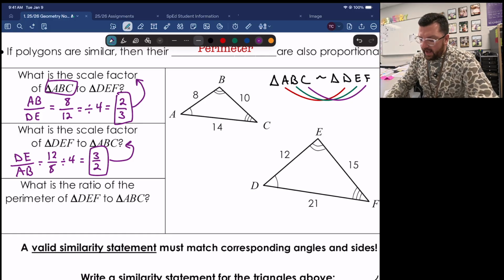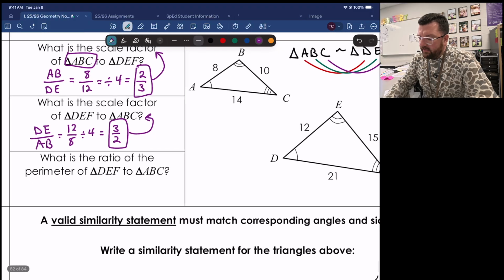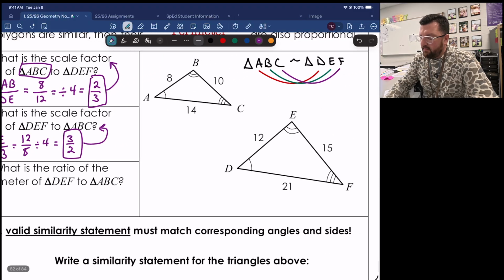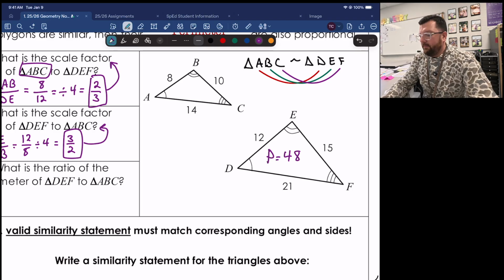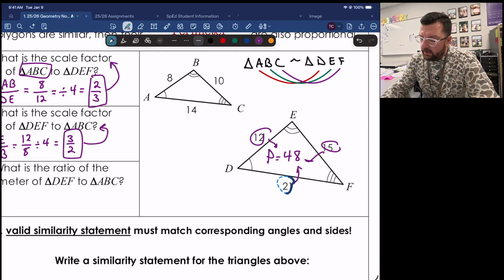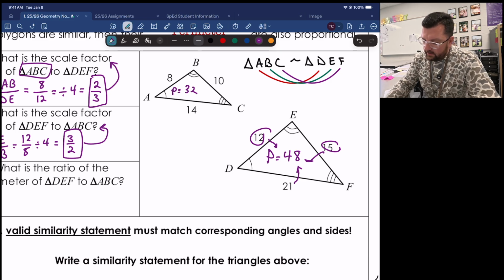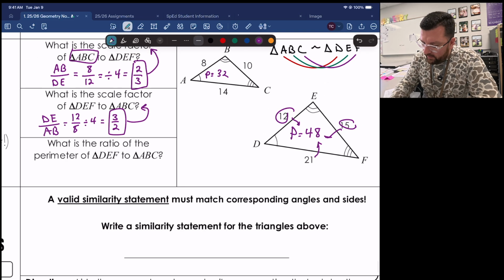The next question asks, what is the ratio of the perimeter from triangle DEF to ABC? Well, the perimeter for DEF, for the sake of time, I'm going to tell you, is 48. Perimeter is you add up all the sides. And perimeter for triangle ABC is 32. So we have 48 because it came first over 32.